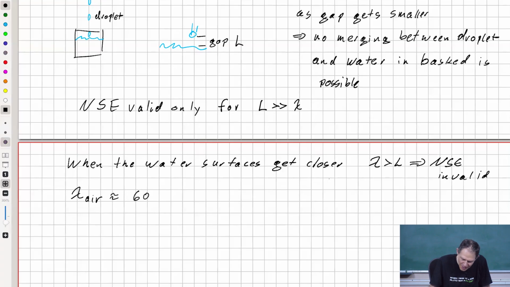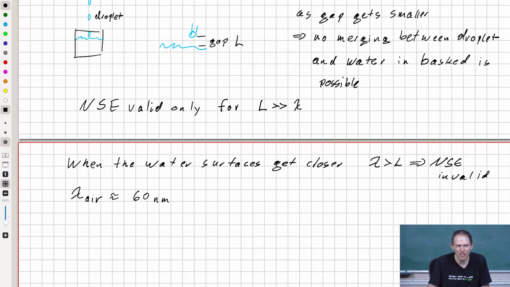So you see, that's pretty small. This is how small you usually need to get in order to see the Navier-Stokes equation breaking down. The Navier-Stokes equation indeed is a very good approximation for a lot of length scales that we are interested in.